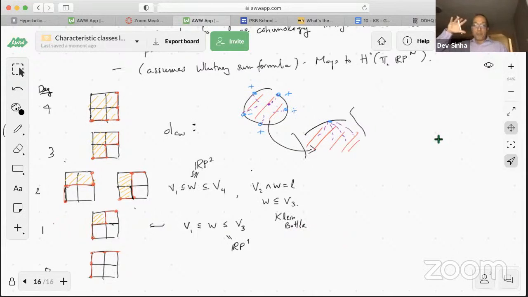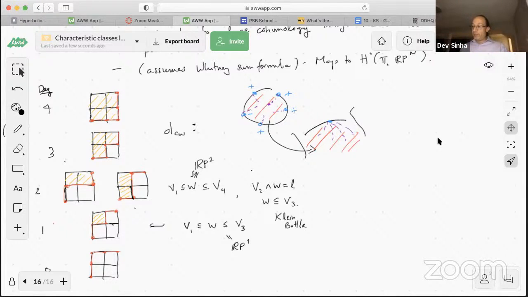Now let's think upstairs, just the closed cell, which we had put inside the space of frames. You might imagine that the attaching map from the disk onto RP1 to make RP2, we know what that needs to be, but let's just look at it more geometrically.